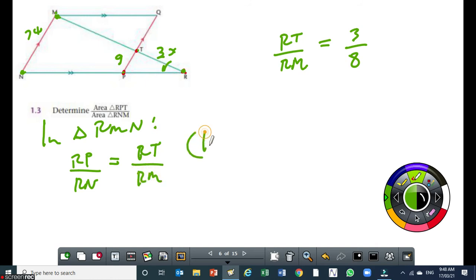Then my reason will be line parallel to one side of triangle. You agree with me on this?